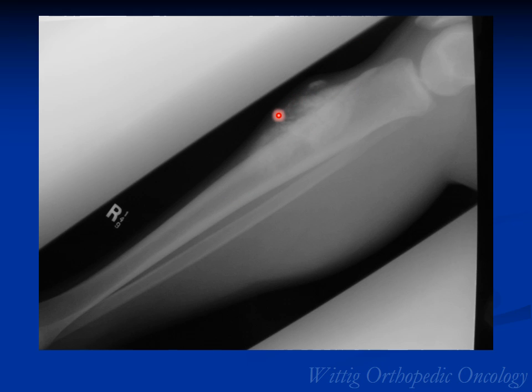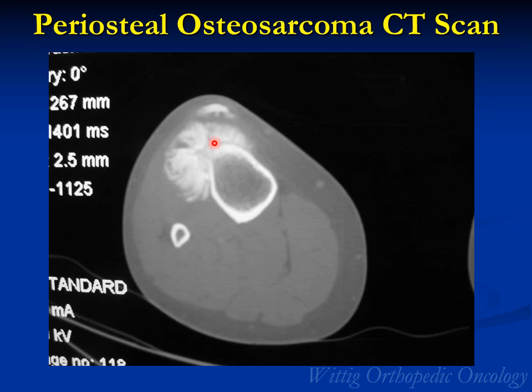This is the lateral. Again, you see fluffy, cloud-like, marble-like density overlying the tibia. This is a CAT scan showing you the surface lesion of the bone with the lesion producing this marble-like density.